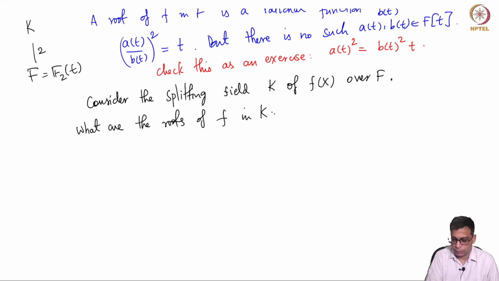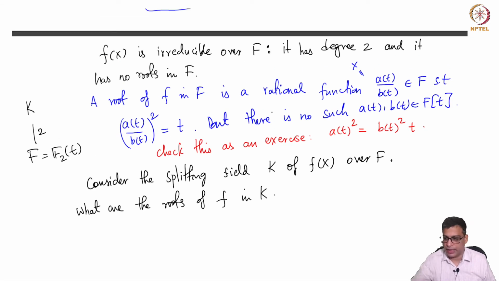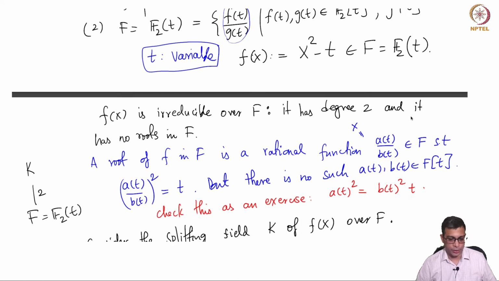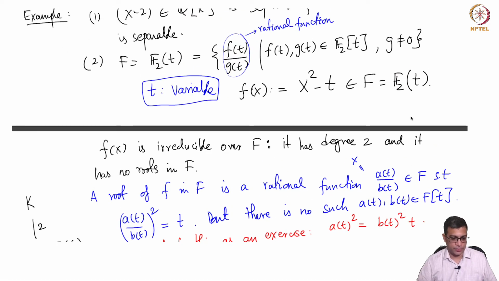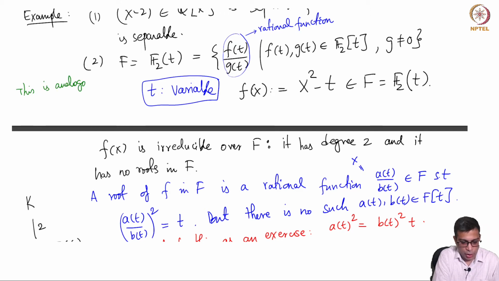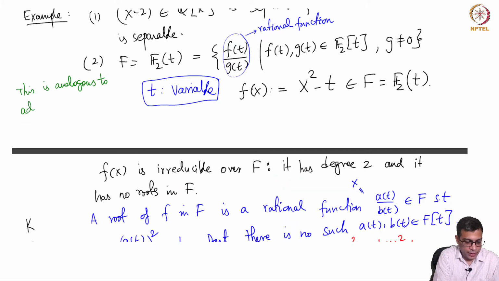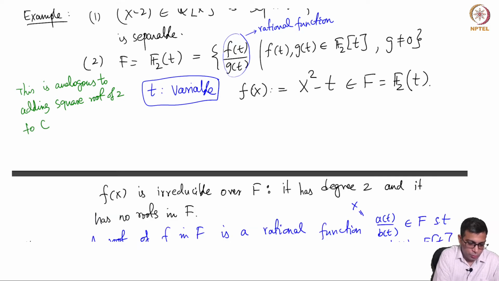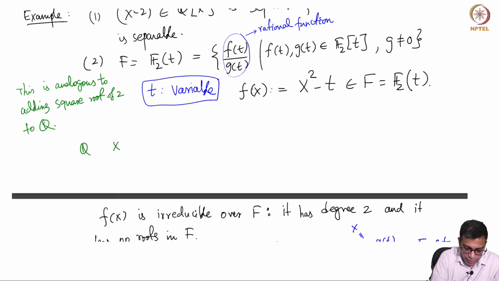of f in K? Though the situation is somewhat unfamiliar to you, this is analogous to adding roots, let's say the square root of 2 to Q. What we really do there is, over Q, you take x square minus 2.